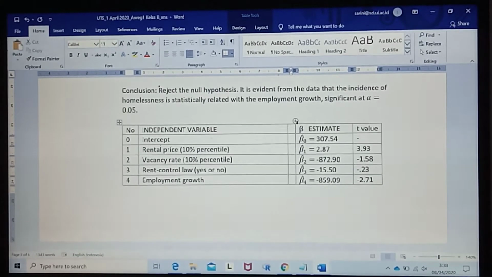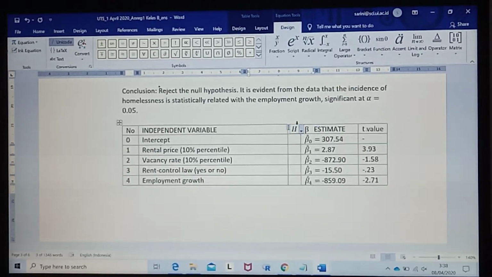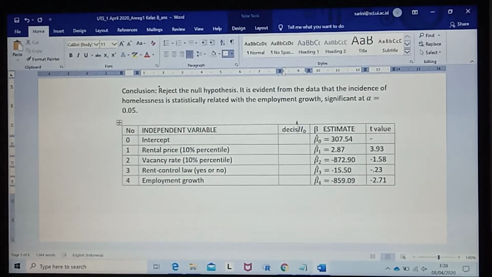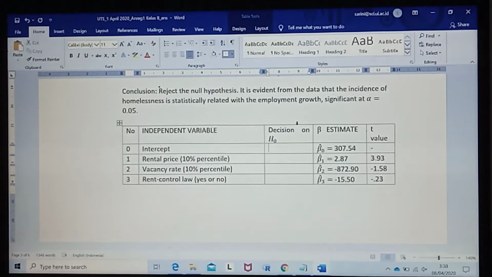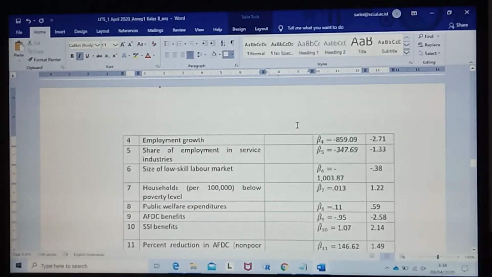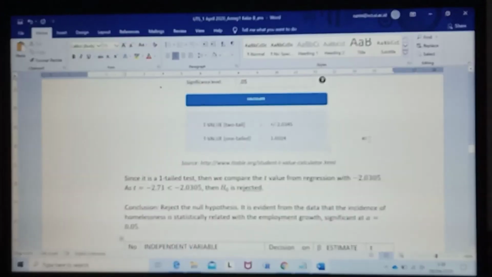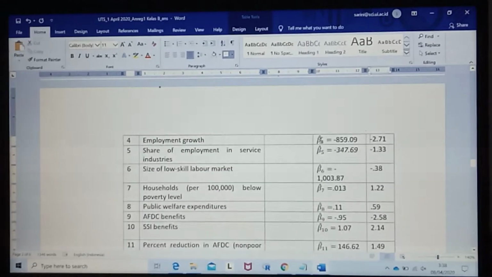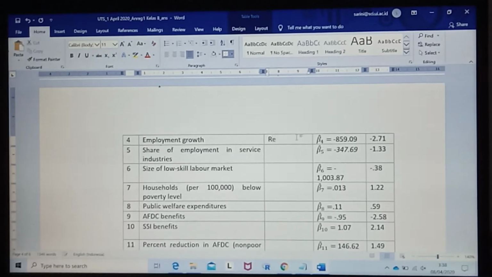Okay, so for our null hypothesis, I just write a decision on the null hypothesis, and the one that we did before is that we reject the null hypothesis because we are comparing the value of minus 2.71 here with the value of, what is it, minus 2.03. So here we check the null hypothesis.